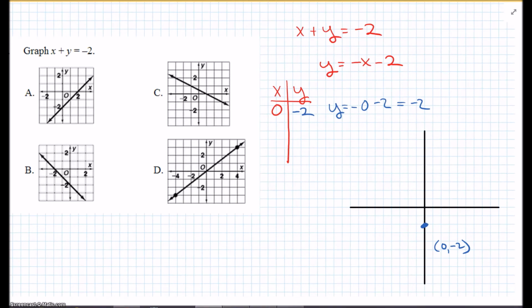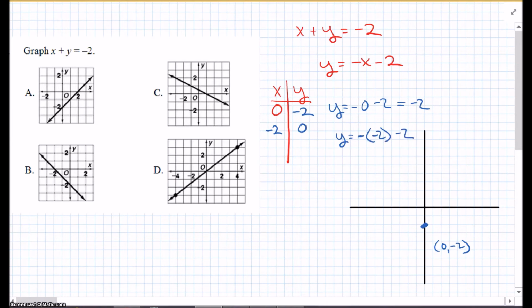An easy one: if x was negative 2, what would y be? y would be negative (-2) minus 2, which is 2 minus 2, which is 0. So how would we plot that? (-2, 0): going to the left 2 and up or down none. There's my line. I need a graph that looks like that. The answer would be B.